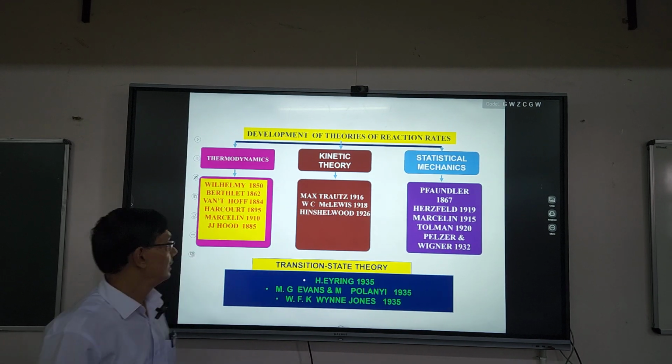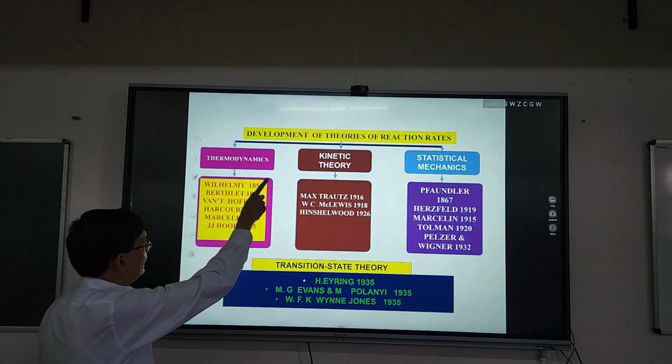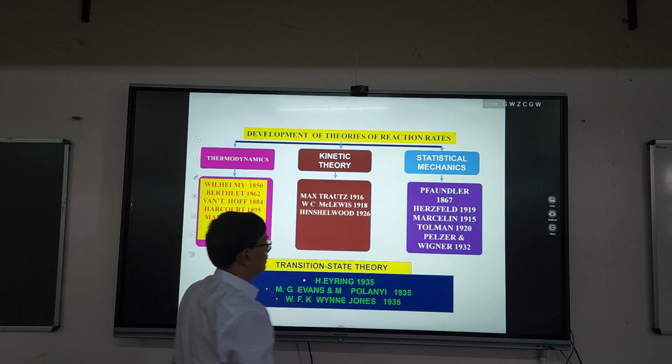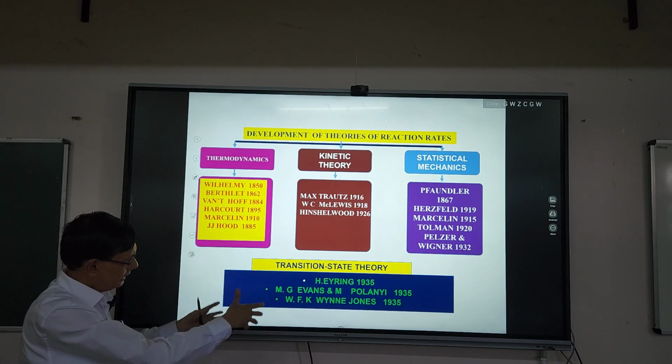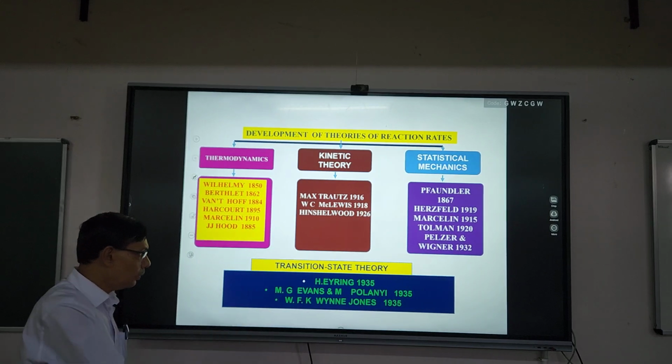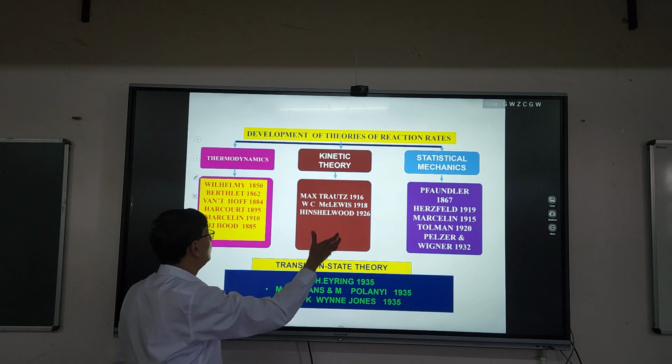And please see that thermodynamics is there, kinetics is there, statistical mechanics is there, and there are a large number of scientists: Eyring, Polanyi, Wynne-Jones, Max Strauss, W.C. McLeod, Hinshelwood.